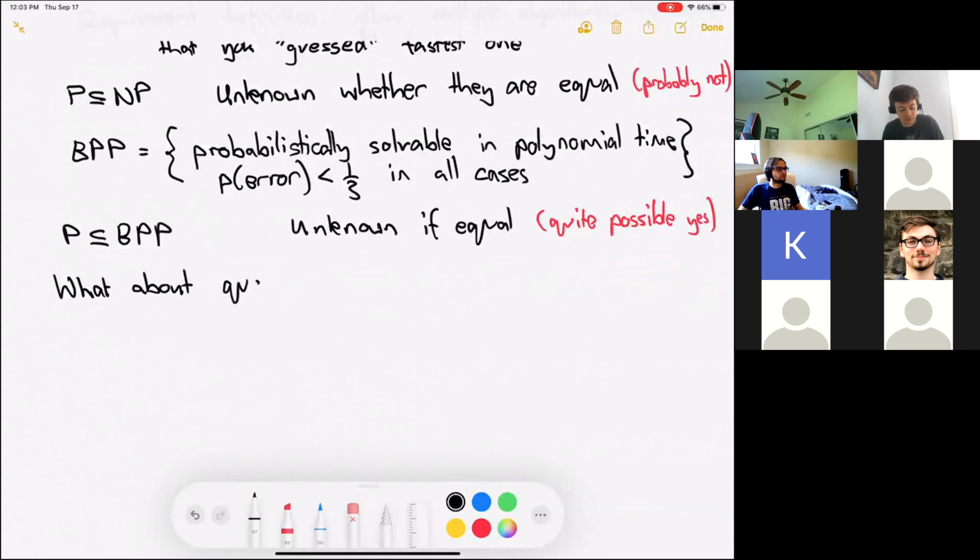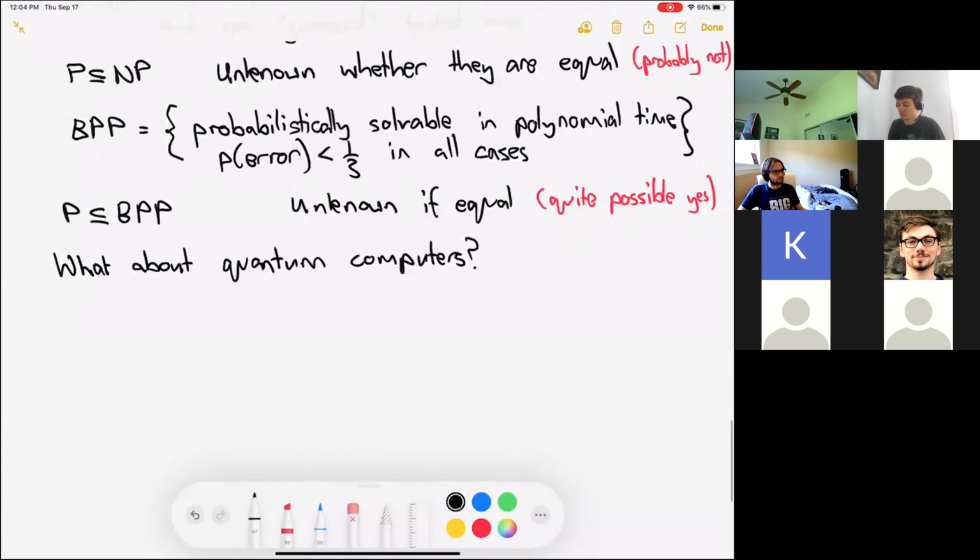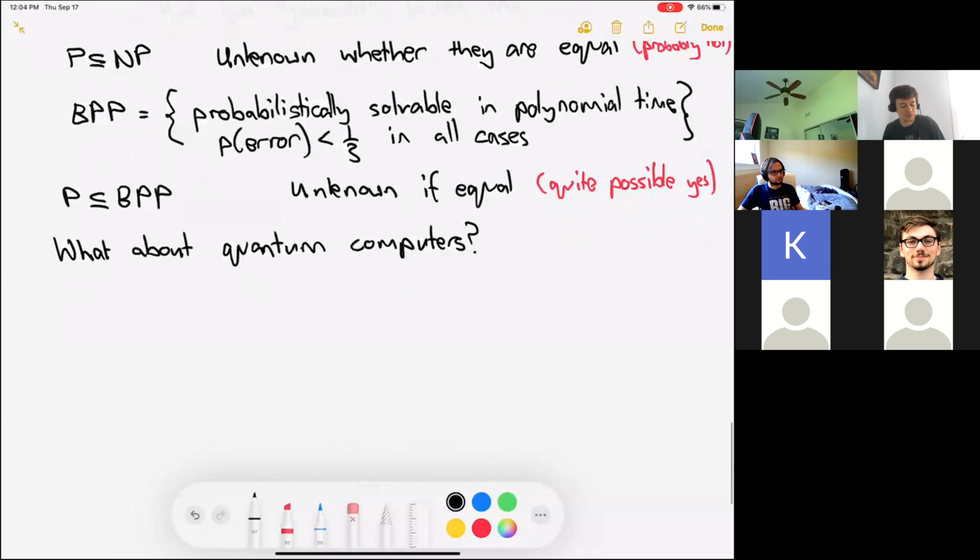So what about quantum computers? Okay, so the first question we need to answer for our quantum computers is, what are our elementary operations?